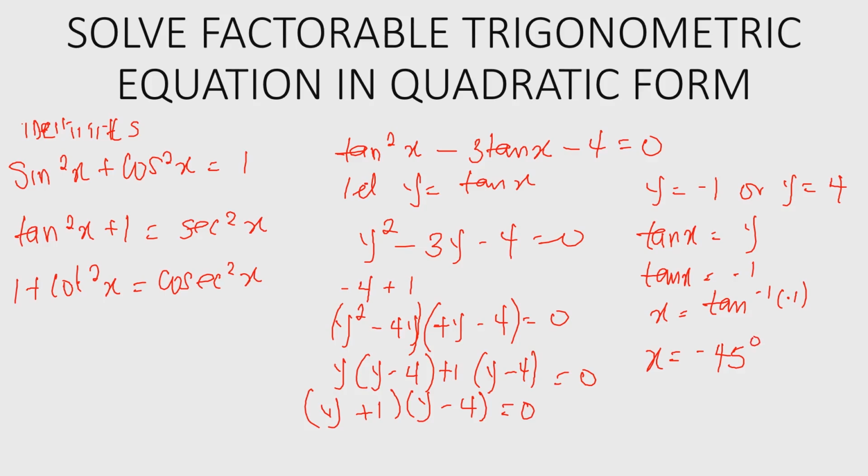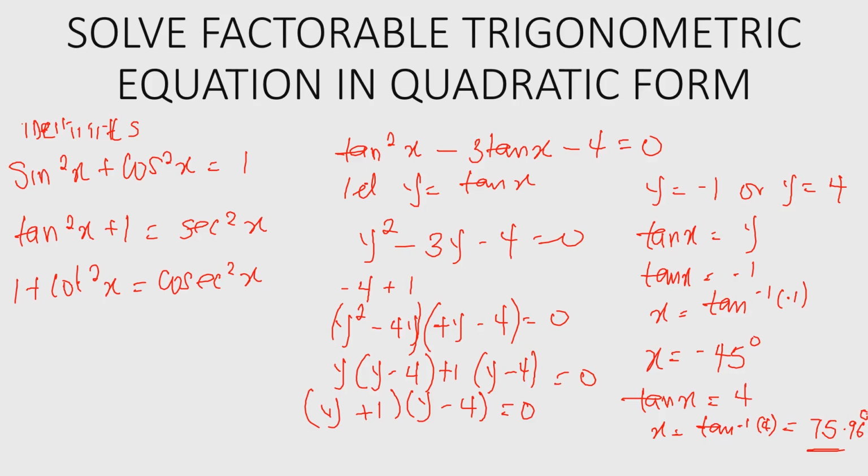Then for the other one, we are going to say tan x is equal to 4. So then x will be equal to tan inverse of 4. The tan inverse of 4 is 75.96 degrees. So that is for that one.